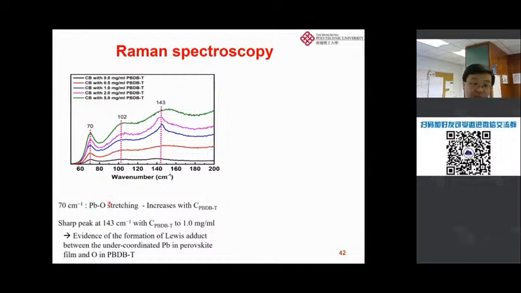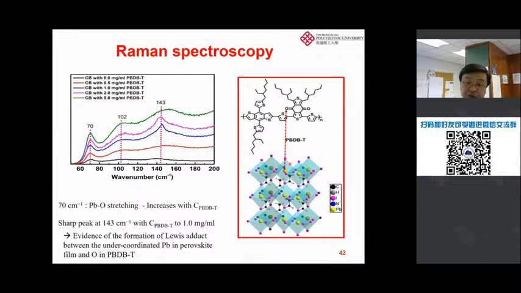And from the increase of that one, we see evidence that the lead ion and the oxygen can form a so-called Lewis adduct. So this coordination passivates the traps, making the devices less trappy and higher efficiency.